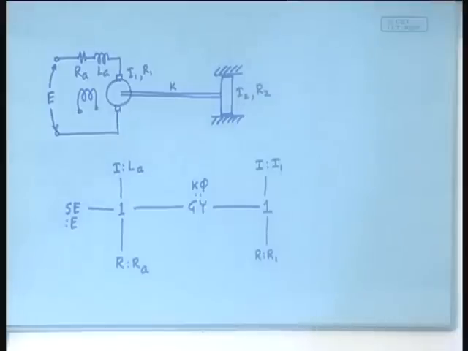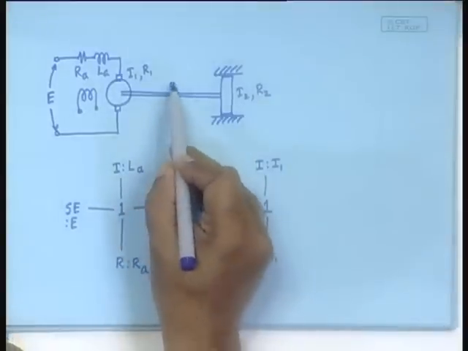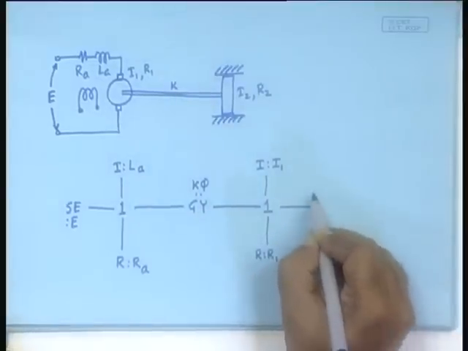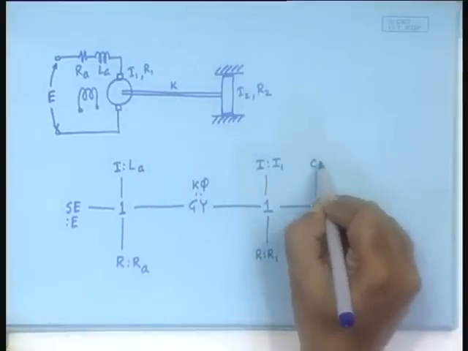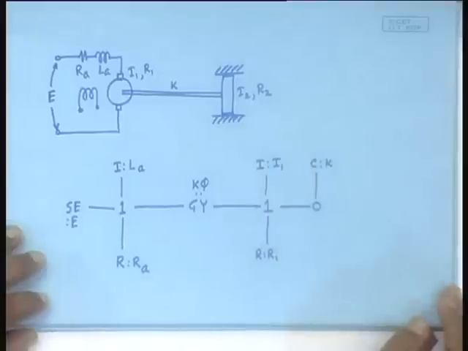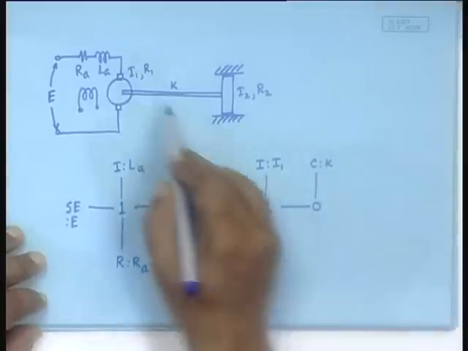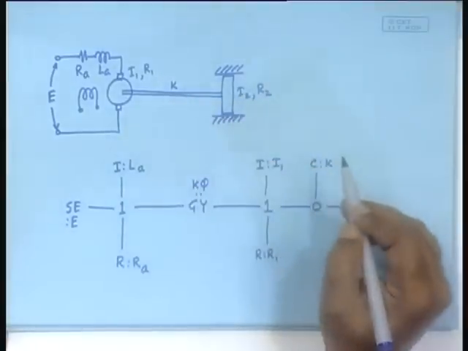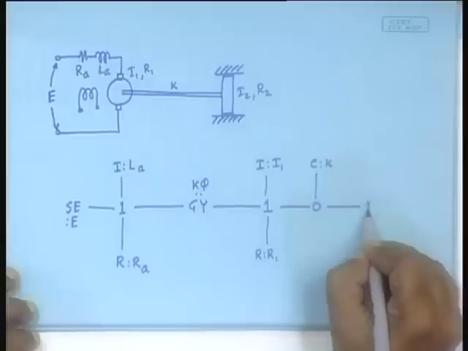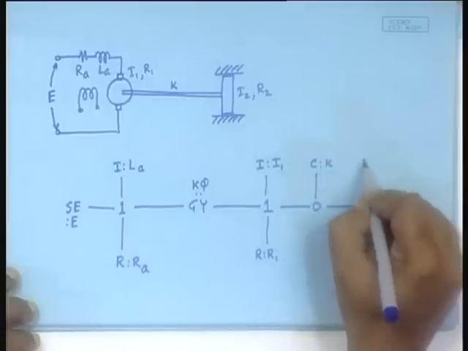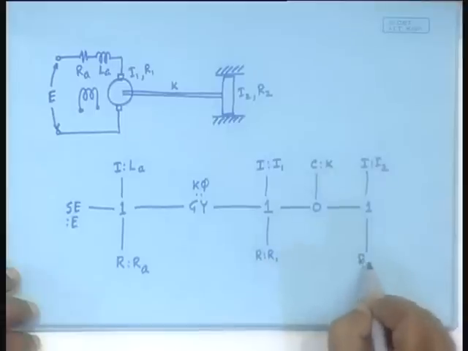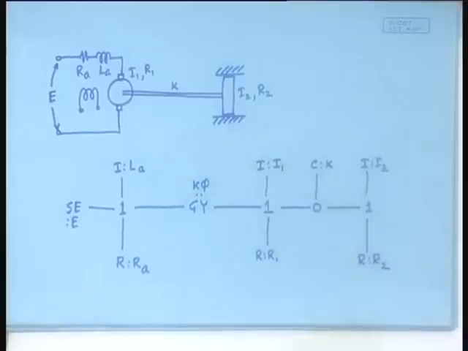As a result, this C element will be connected by means of a 0 junction to the C, which is K. Then on this side you have these two elements sharing the same flow. So, it is a 1 junction with I 2 and R 2. So, that is the bond graph.